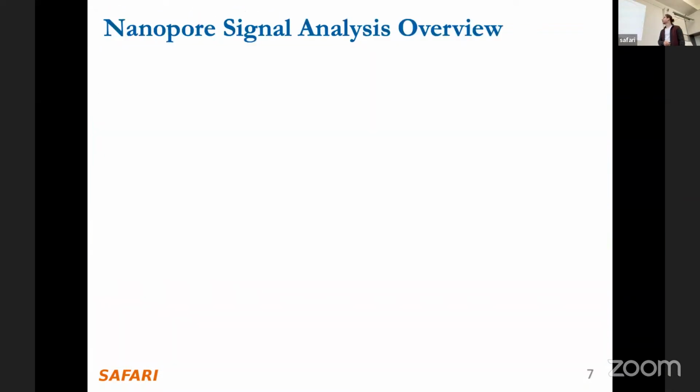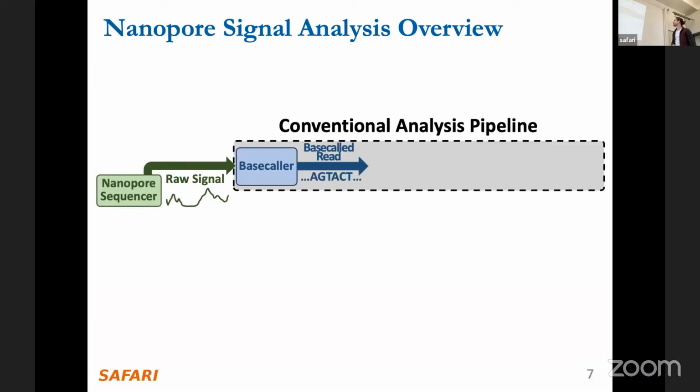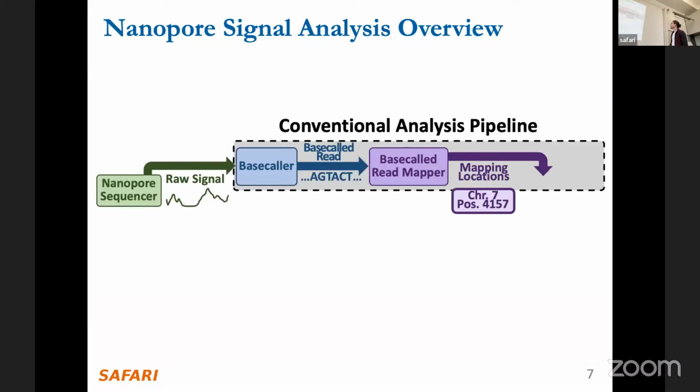Right, so this is my way of showing what John showed earlier. Traditionally, you have these nanopore sequencers. You would give these raw signals to a base caller. You would get out ACGTs and run these traditional base-call read mappers.